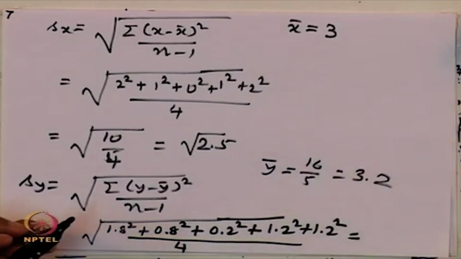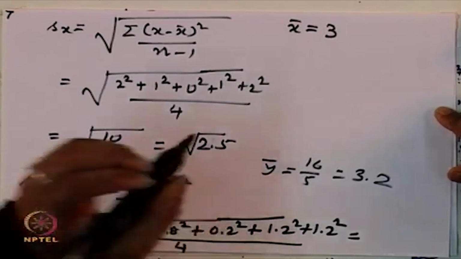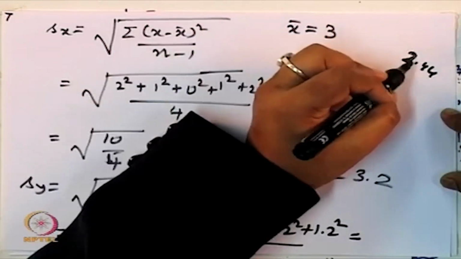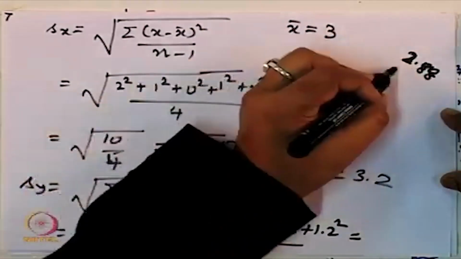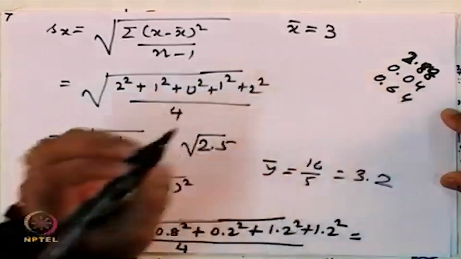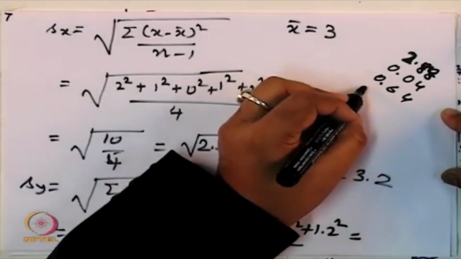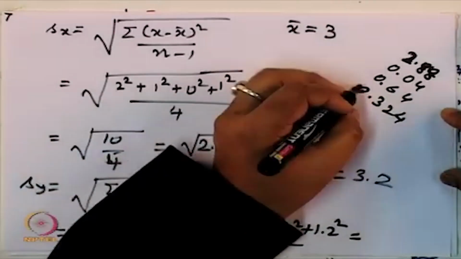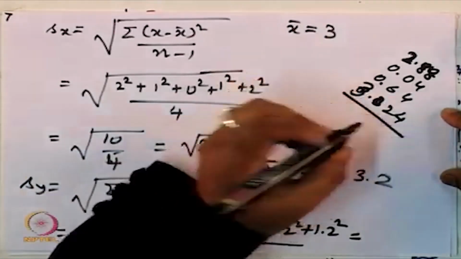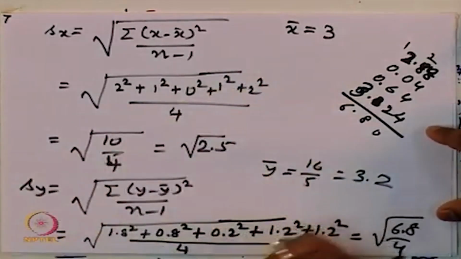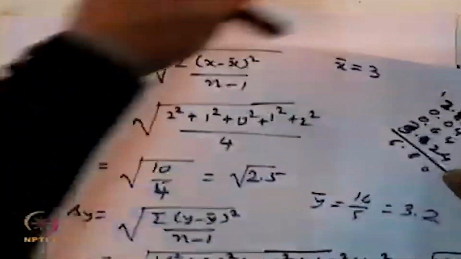So, I can calculate this as 3.24 plus 0.64 plus 0.04 plus 1.44 plus 1.44, which is 6.8. So, root of 6.8 by 4 is square root of 1.7. Okay.